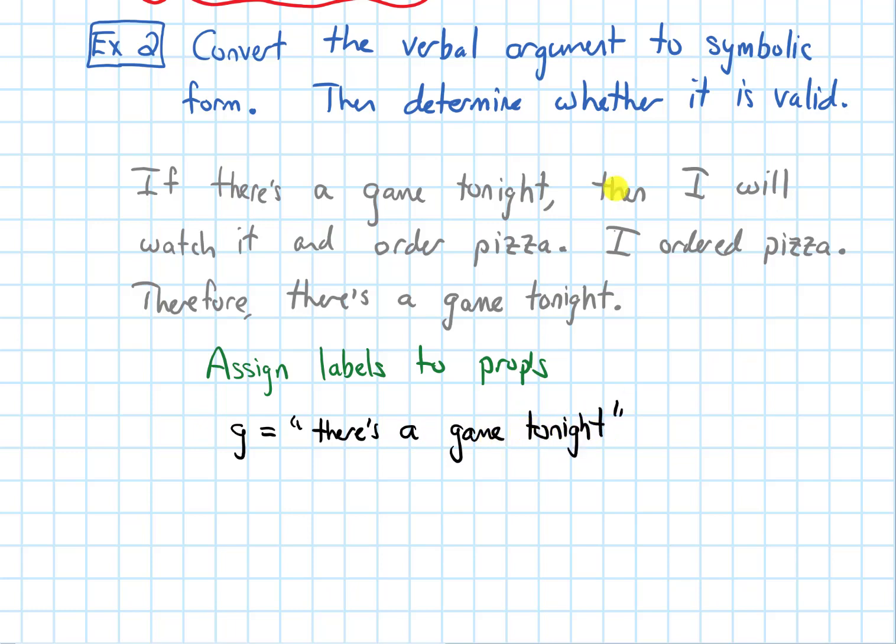And then after the then statement, I see two things. I see I'll watch it, and I see I'll order pizza. So let's let W be I will watch it. And let's let P be the proposition I order pizza.